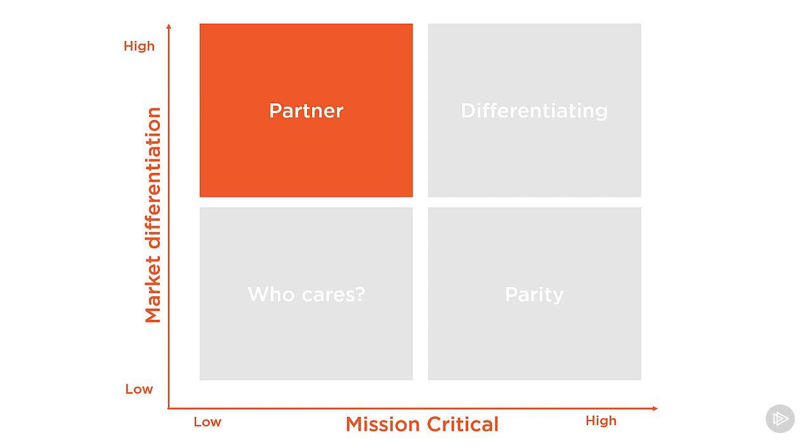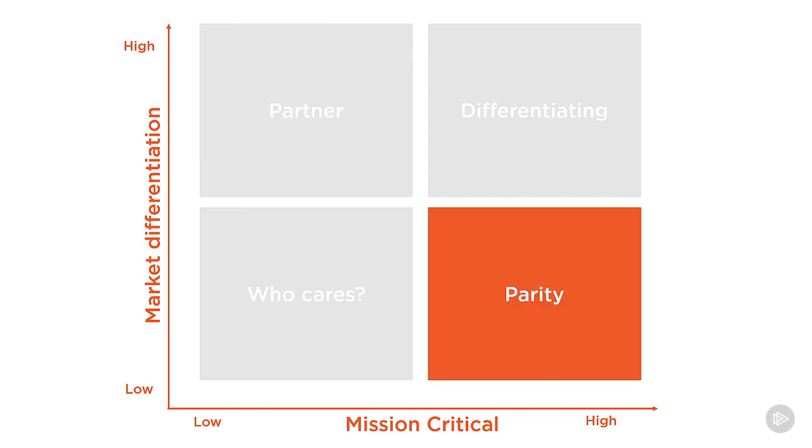Next, if we stay with low mission-critical value but observe a high market differentiation, we get the partners quadrant. These are the activities that the organization does not benefit from directly, but are essential to the customers. As the most internal resources will probably be assigned to other boxes, decision makers may choose to partner with some other organizations who would perform these tasks more effectively.